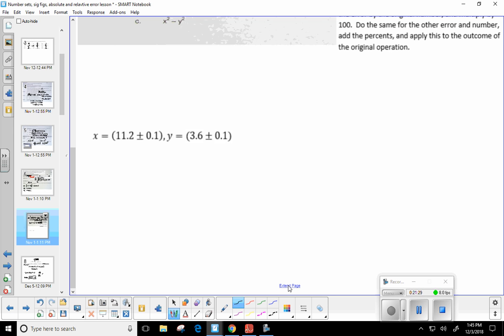Okay, let's find x minus y, and let's find x divided by y. Now, even though this is division, you still do the same steps we did on the previous problem. But instead of multiplying 11.2 and 3.6, we're going to divide them. You'll perform the operation with those measures however you're giving them. Okay? All right, so let me give you a couple minutes on that.